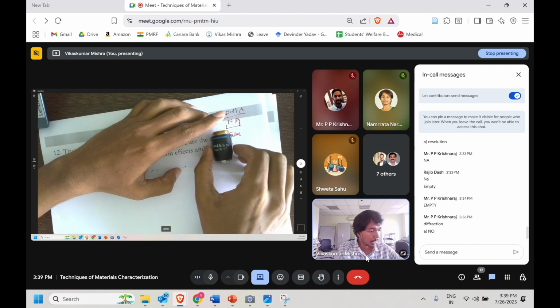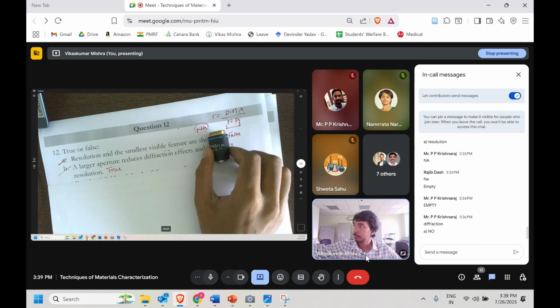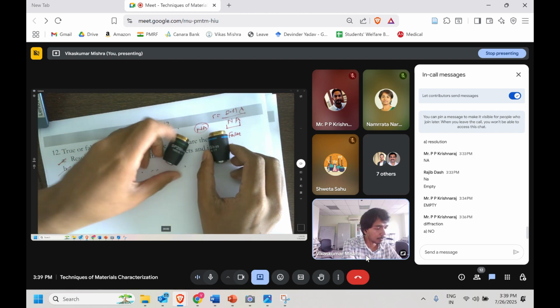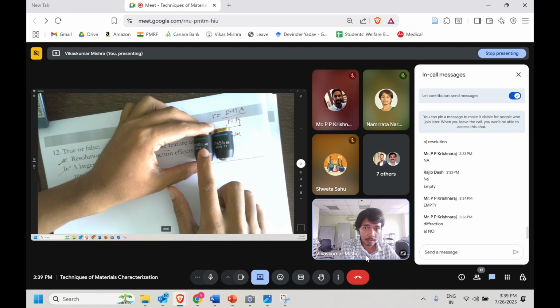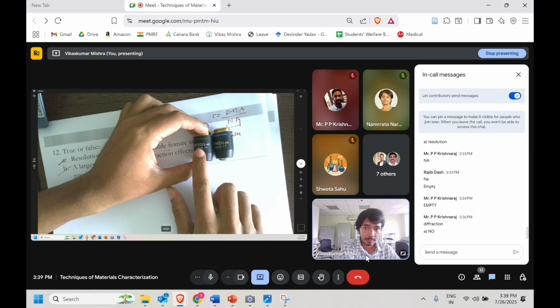Now let's have a look at one more objective lens and see how the numerical aperture changes. Let me remove one more. Yeah, so here we can see that the numerical aperture is 0.4 for the 20x magnification.